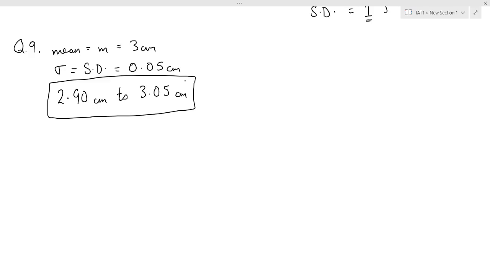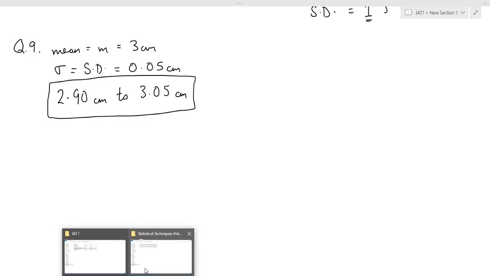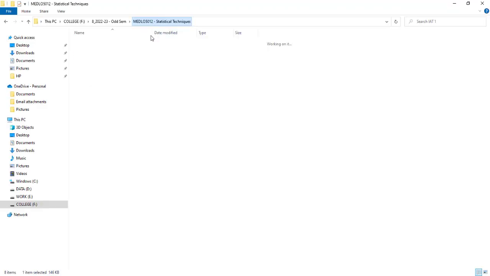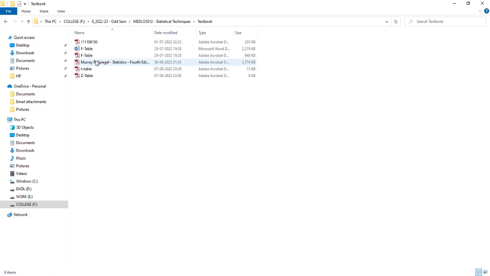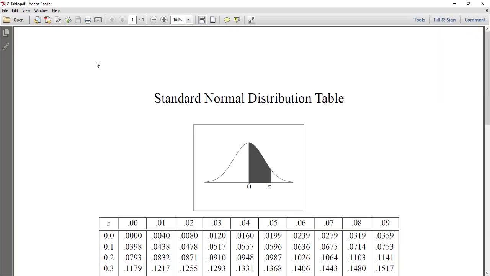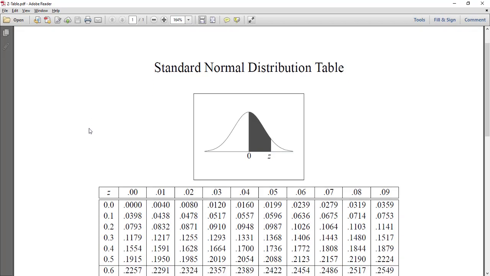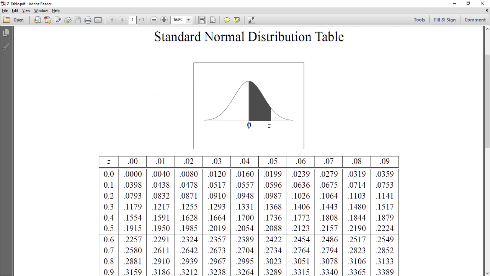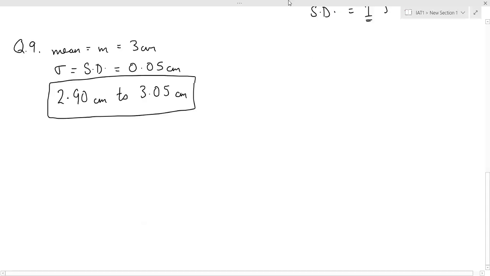But if you look at the standard normal distribution table that we have, for example, I will show you over here the standard normal distribution table that we have, right? It is also known as Z table. See, in this case, the mean is 0 and the standard deviation is 1. But in our question, what is the mean? The mean is 3 centimeter.